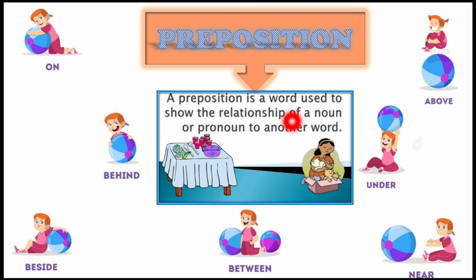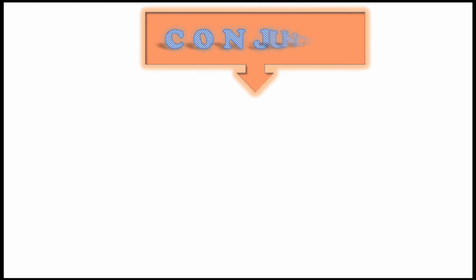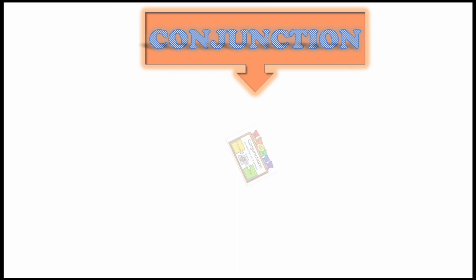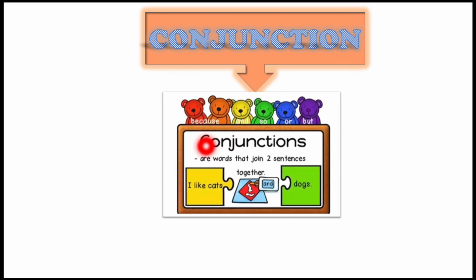relationship of a noun or pronoun to another word, like on, behind, above, under, beside, between, near. These all are prepositions. We'll see the next part of speech: conjunctions. What are conjunctions? Conjunctions are words that join two sentences together. For example, I like cats and dogs.